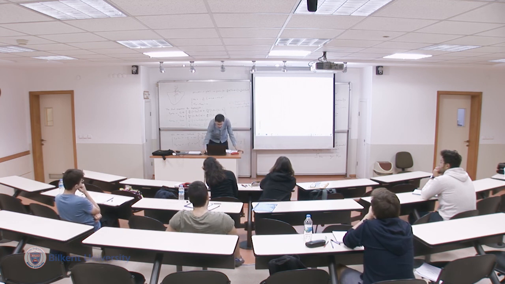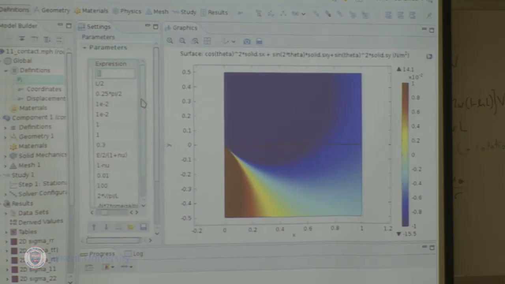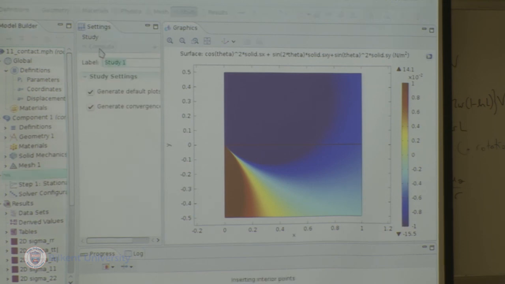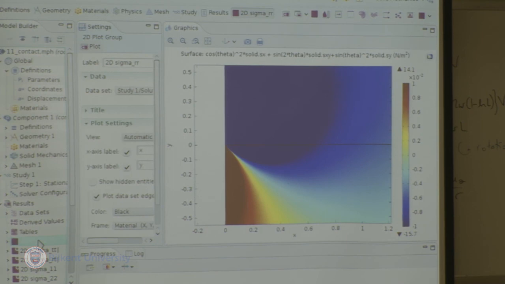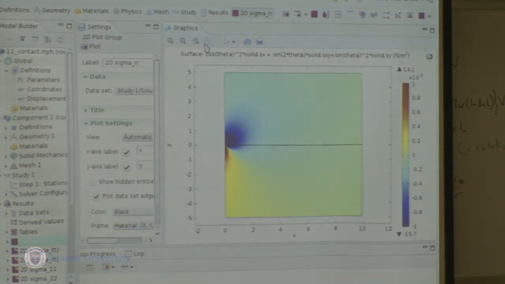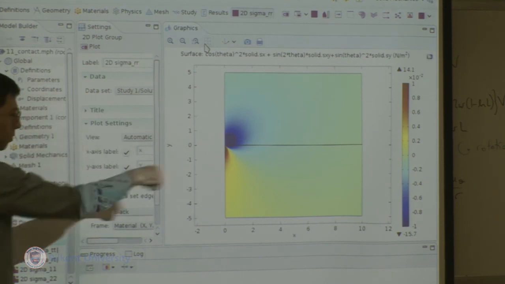But I have the variation of the stresses, and I don't really see the whole picture here. The only thing I'd like to do in this case is see the full picture with the stresses. Okay, so just to show you that, I'm increasing the domain to 10 times the size along every direction. Okay, so now it was 1 by 1, so now it's 10 by 10.